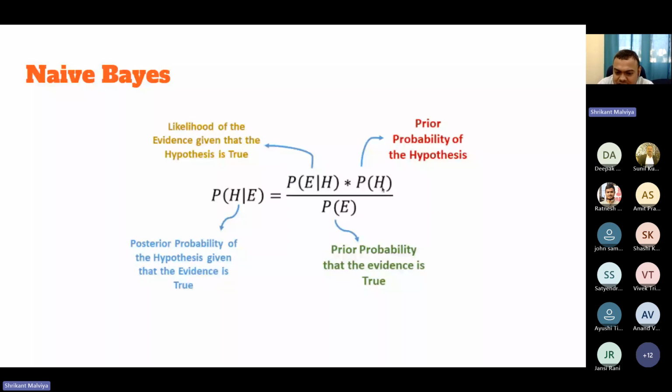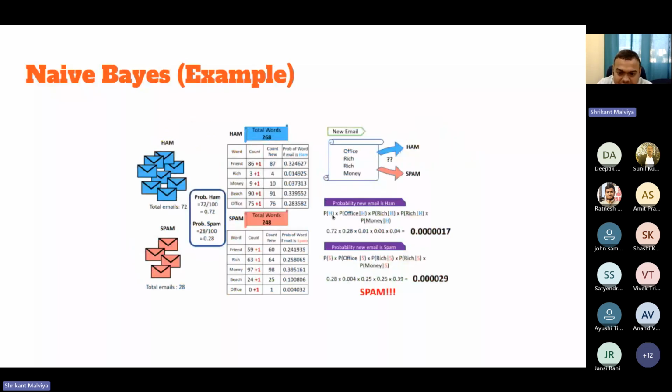First, the prior probability, like how many data belong to the ham class. It is already pre-computed: 0.72. And the data belonging to the spam class is 0.28. That's how the prior probabilities are estimated, based on the number of samples belonging to both classes.